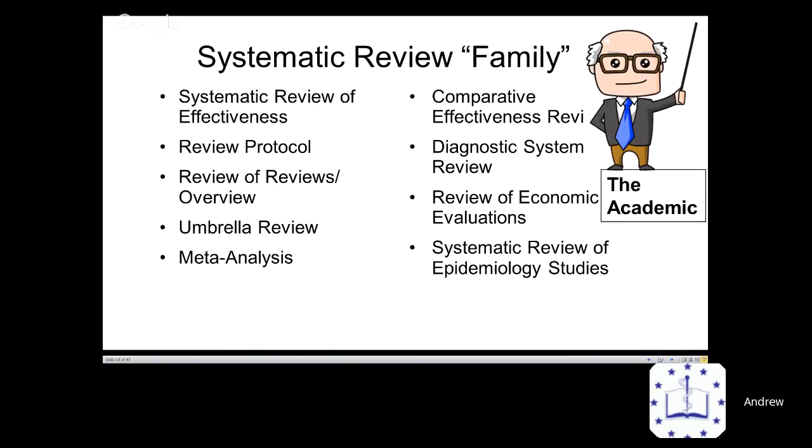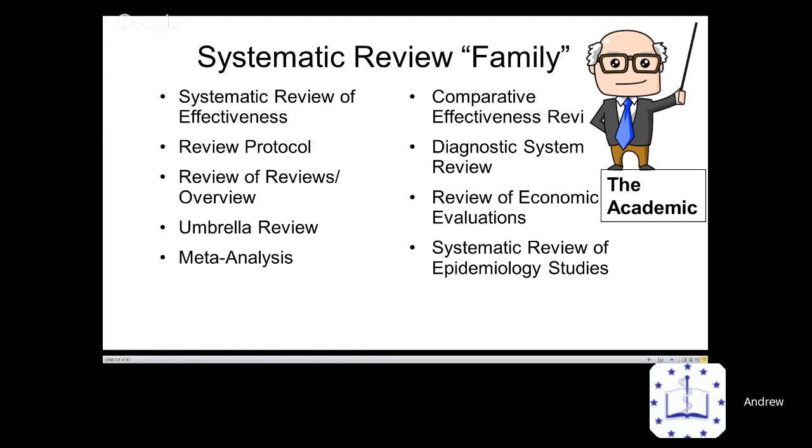And so here we have the systematic review family, these more academic products. Foremost of these was, of course, the Cochrane Review, as we mentioned at the beginning. We can see that some of the products are about the stage of the review.